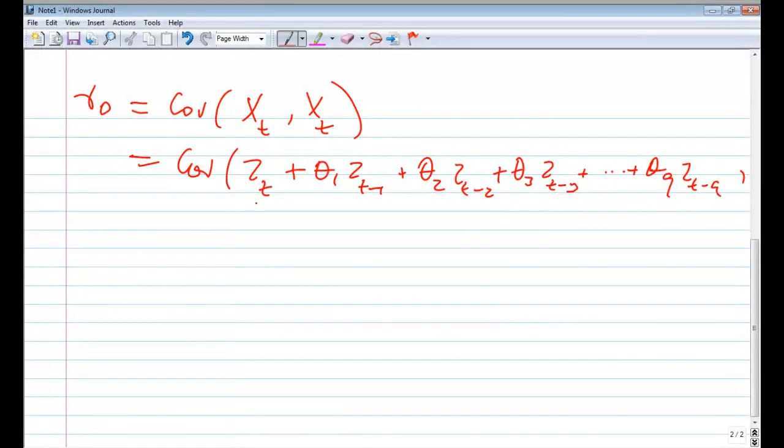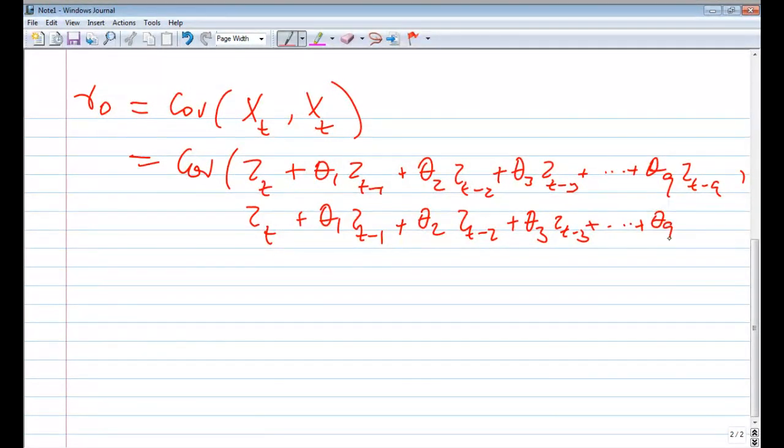So another xt will be zt again, plus theta 1, zt minus 1, theta 2, zt minus 2, theta 3, zt minus 3, up to theta q, zt minus q. Then we close the brackets. That is the curve of xt, xt.